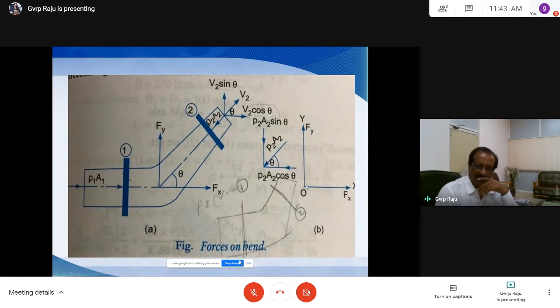When you consider the forces, the upward direction is positive here, and the direction towards the positive axis is the positive sign. So take the sign convention like this.